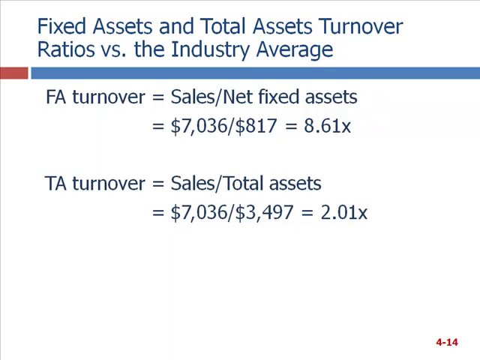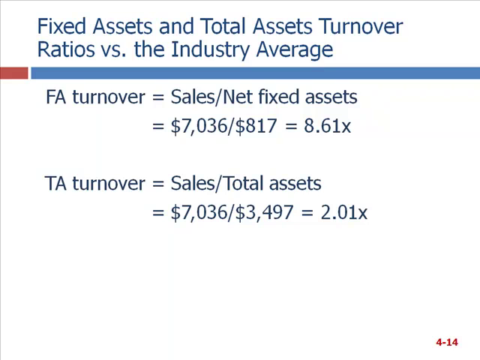So how are we doing as far as generating sales on whatever level of fixed assets we have? Well, this is an indicator of that. So we take the sales figure, 7036, divide by net fixed assets of 817, that's in thousands, and we get 8.61 times. So our sales figure is 8.61 times the level of net fixed assets.